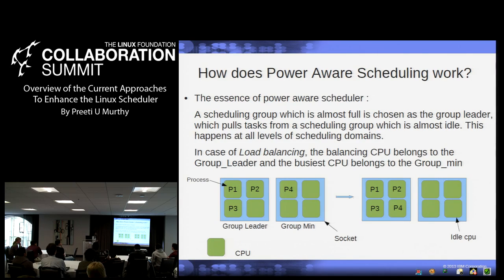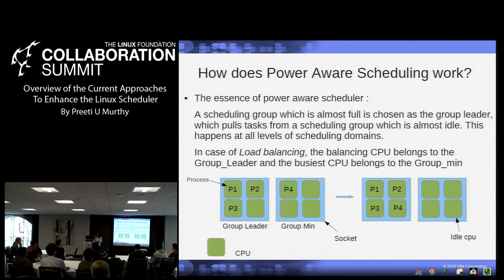So let me reintroduce the essence of the power aware scheduler. Let's take another simple example. If you have a scheduling group with one busy CPU, and a scheduling group with one idle CPU, what the power aware scheduler does is bring the task on the busy CPU to the idle CPU of the other group, and ensure that the scheduling group is completely empty.